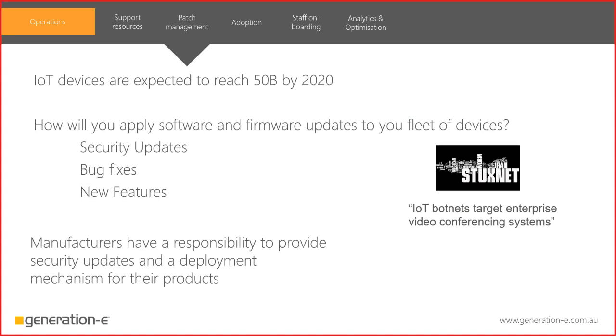A more recent example, which I just saw in the last few weeks, is that some older video conferencing systems that haven't been patched are vulnerable to IoT botnets. There are botnets that have recently attacked significant deployments of video conferencing systems. So the risks are real and significant here.